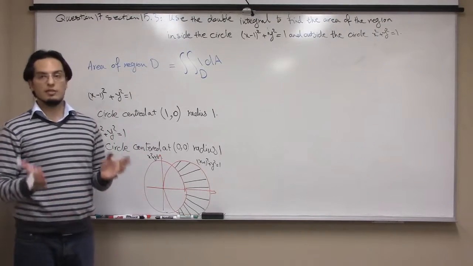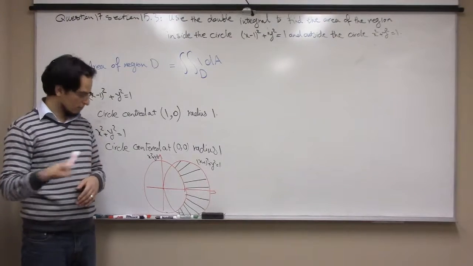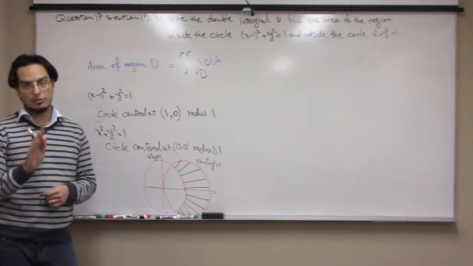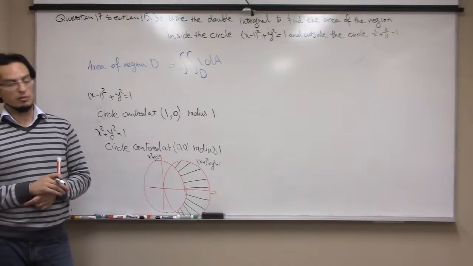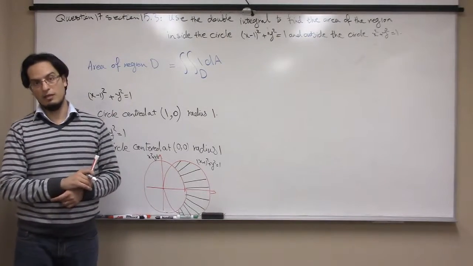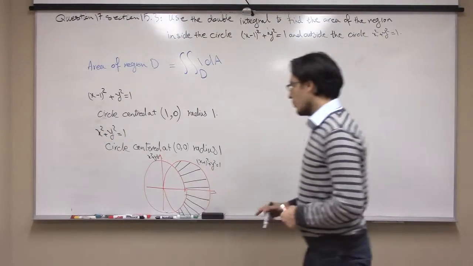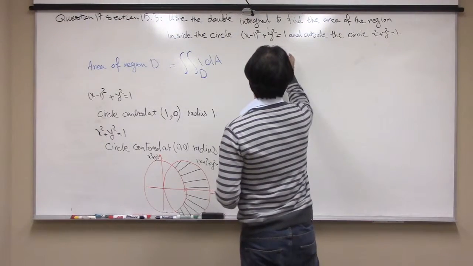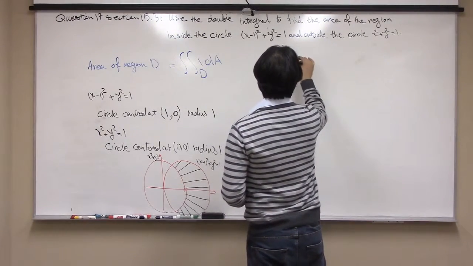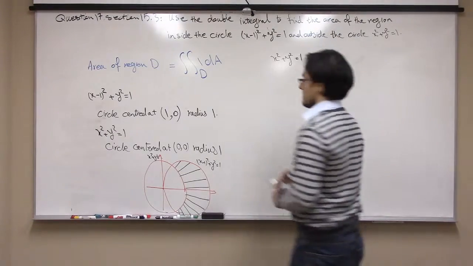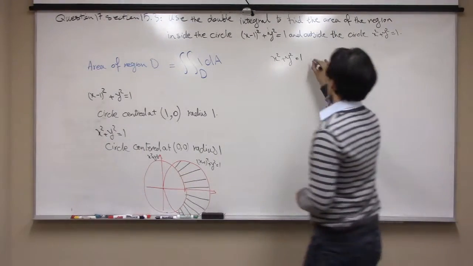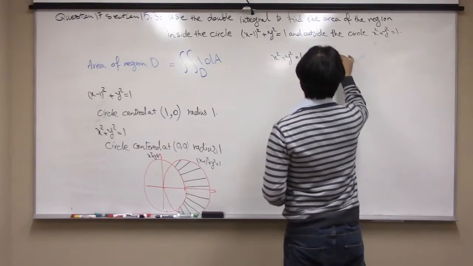You can try Cartesian coordinates, but you have to do at least 3 integrals to evaluate that integral in Cartesian coordinates. So let's do polar coordinates. So I have to write these guys in polar coordinates. In polar coordinates, this is nothing but r squared equals 1.